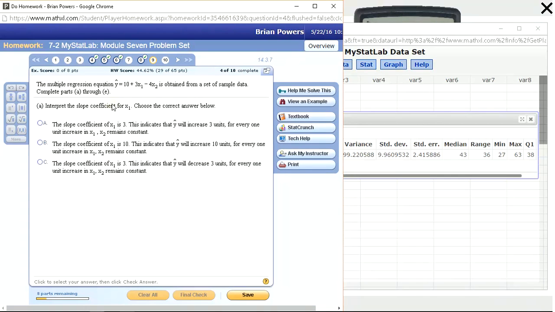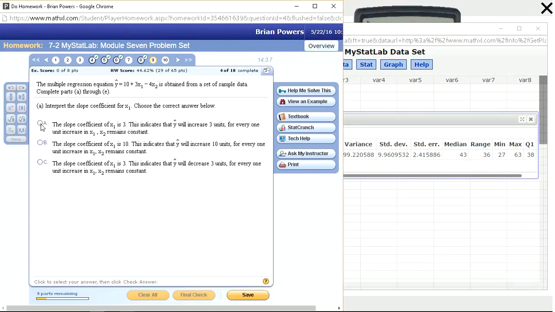Okay. So looking at this other model, y hat is 10 plus 3x1 minus 4x2. The slope coefficient for x1 is 3. So for every 1 unit increase of x1, if x2 is held constant, we would expect the response to increase by 3.